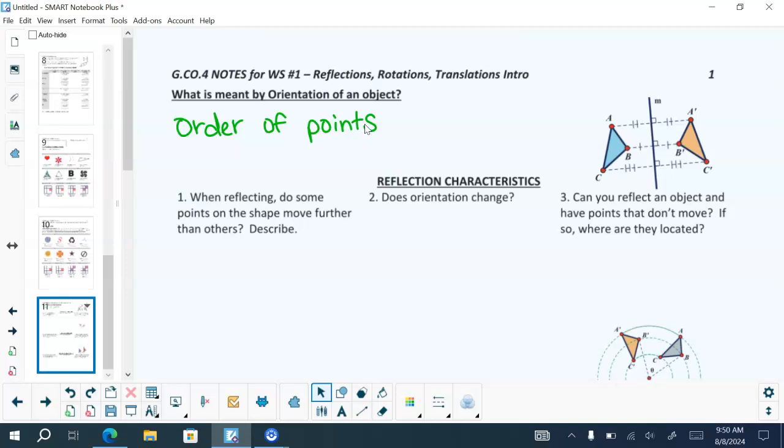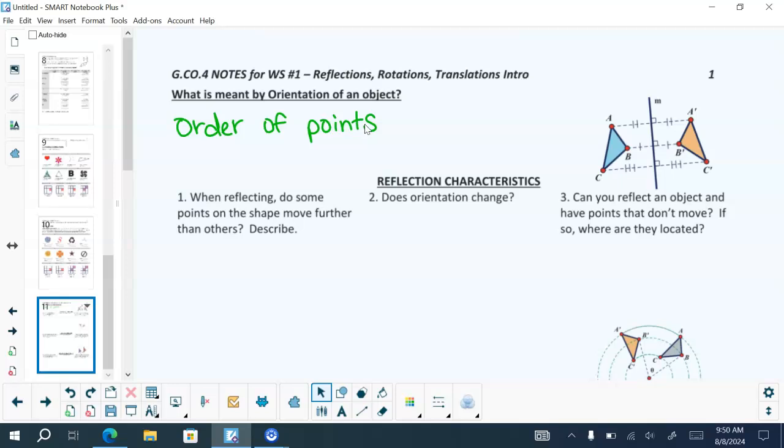If you both hit B and you keep going around, you hit C, and then you're back to A, that means that the orientation stayed the same. Now, if on your image it goes A, B, C when you go counterclockwise, but on your pre-image it goes A, C, B, where those letters get out of order a little bit, then that means that your orientation changed.